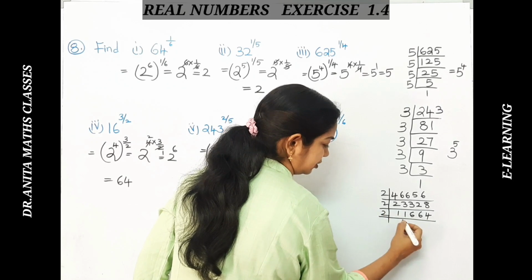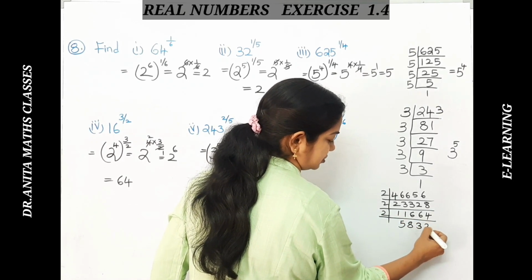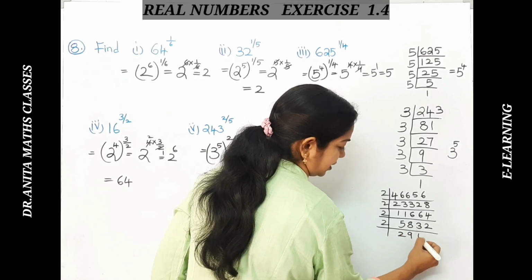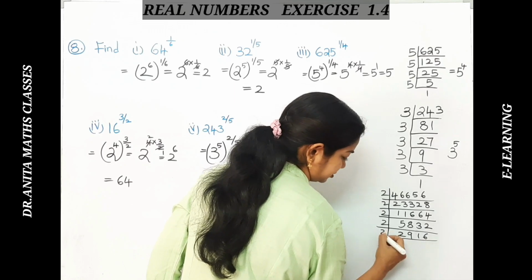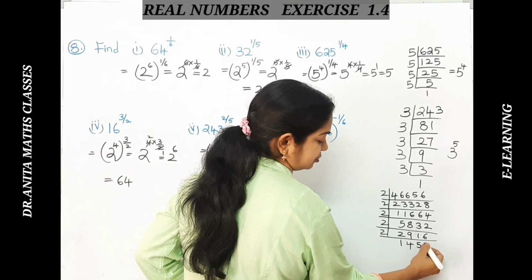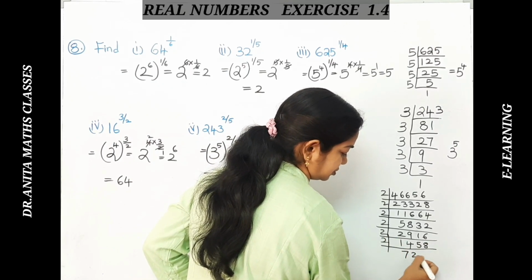Now coming to here, 2 5s are 10, 2 8s, 2 3s are 6, 2 2s, 2 9s, 2 1s, 2 6s. So 2 1s, 2 4s. So 1 carry, 2 5s, 2 8s. So it's going on. 2 7s, 2 2s, 2 9s.